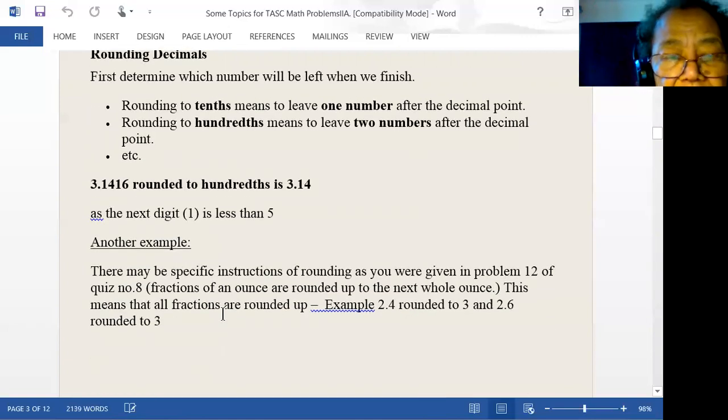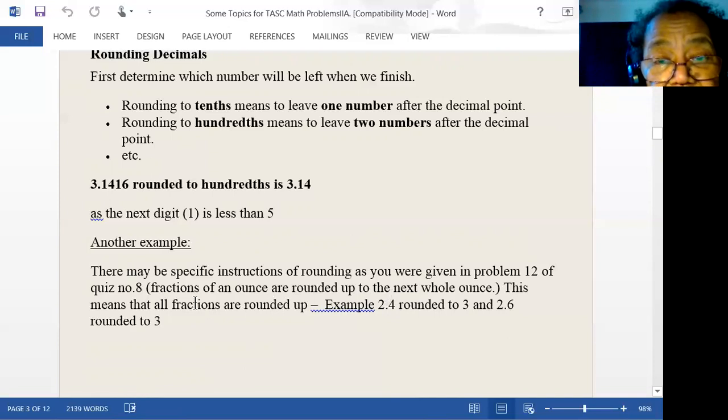Now, in some situations, you're asked to take the fraction of something and round it to the next number. And it may not be 5 or greater, okay? But you just follow the instructions. So in that case, if you were rounding to the next highest value in the 1's position, 2.4 would round to 3.